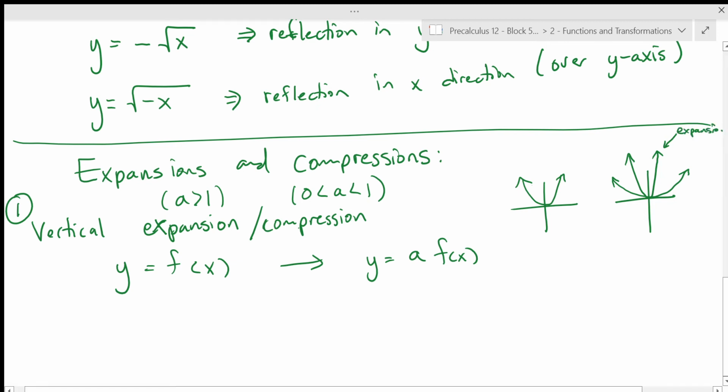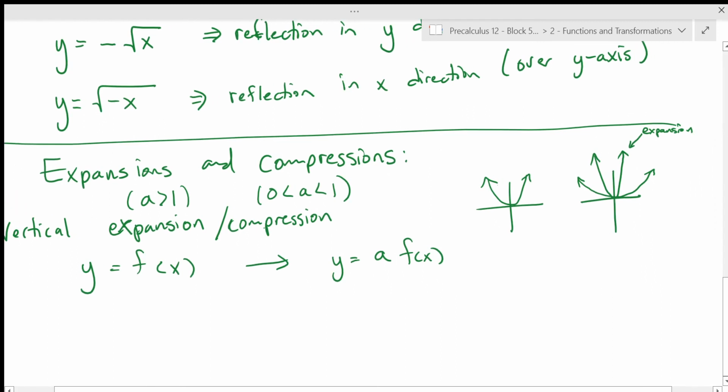And if you're pushing it down, squishing it down, that would be a compression. Okay, expansion in y and a compression in y. And that would be given by that number that's multiplying the whole function.